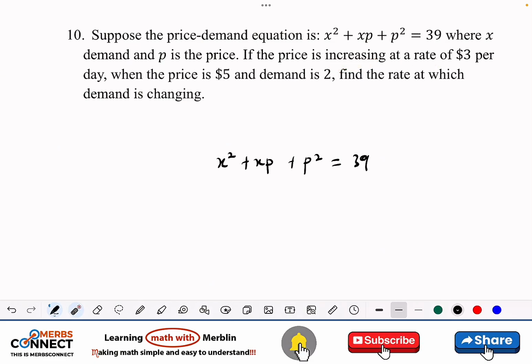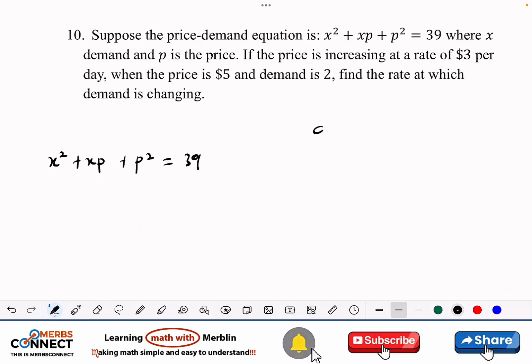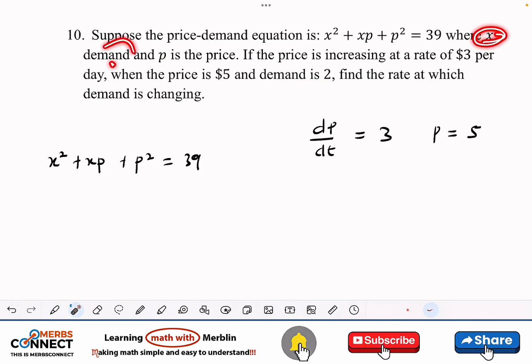Since price is p, we have dp/dt equal to 3 because it's increasing. When price is 5, so p is equal to 5, and demand, which is x, is equal to 2.